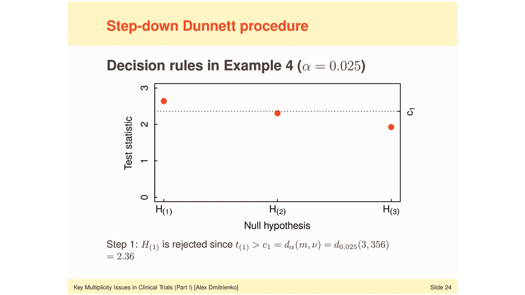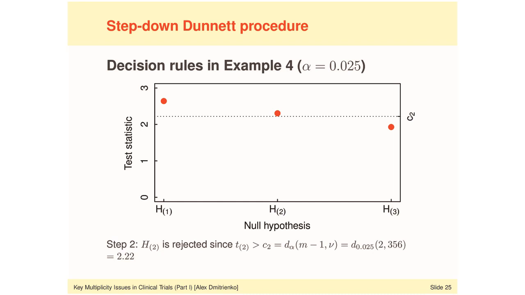C1 is equal to 2.36. It is represented by the horizontal dotted line in this plot, and the orange dot on the left, which corresponds to the largest test statistic, is clearly above this threshold, and therefore we conclude that the step-down Dunnett procedure rejects the first hypothesis in the sequence.